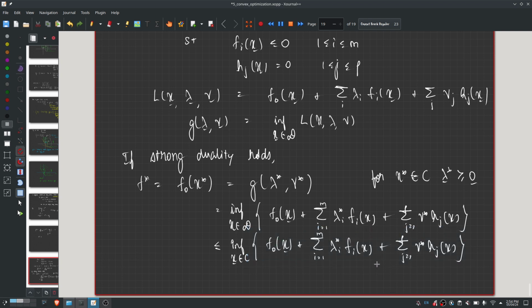Okay, but what is the x that achieves the minimum on the right hand side? x star.